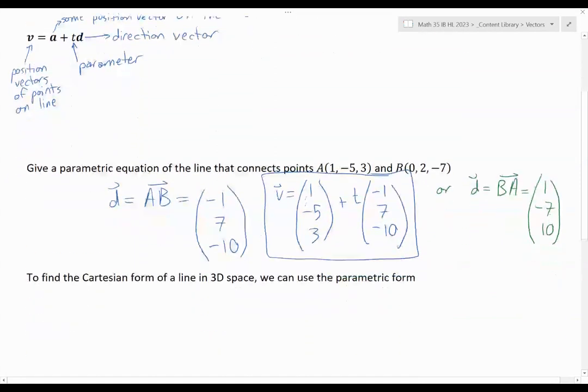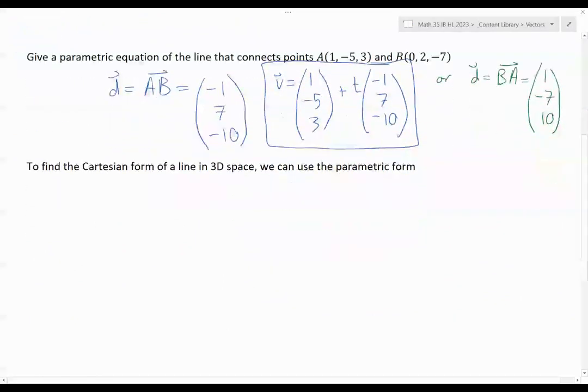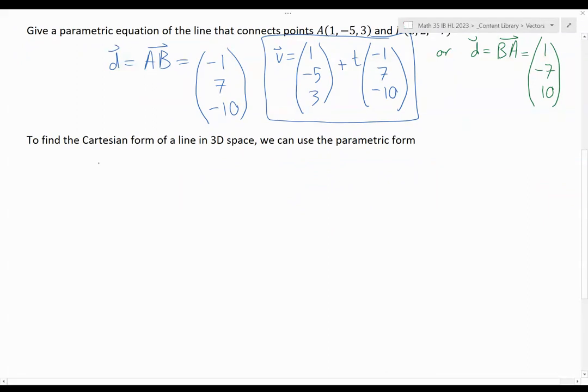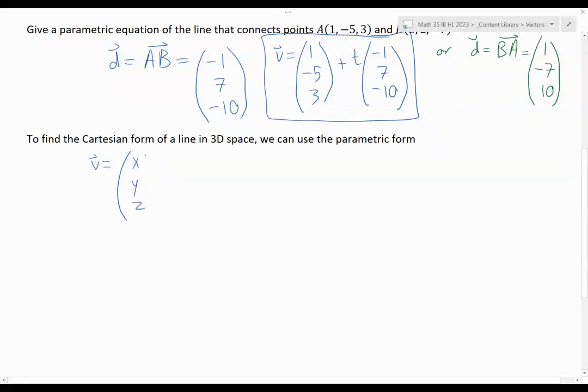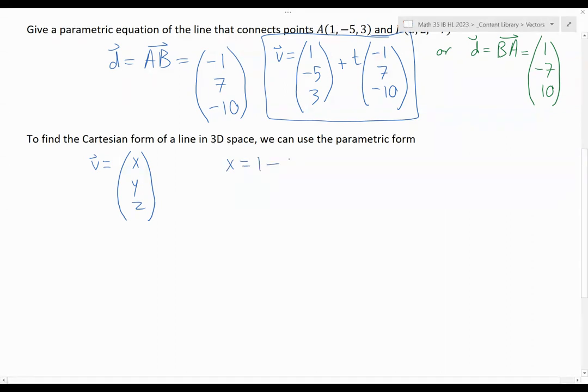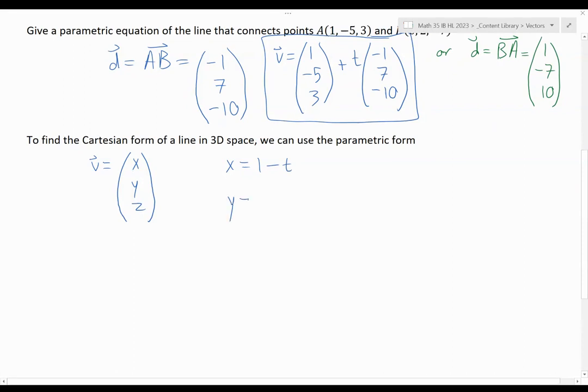Now to find the Cartesian equivalent, I'm going to use the parameters of each component. Assuming that v is some x, y, z, because v is a position vector of every point on that line, and every point on that line has coordinates in the form x, y, z, that means x would have to be 1 minus t, because it's 1 plus -1 times t. y would have to be equal to -5 plus 7t, and z would have to be equal to 3 minus 10t.